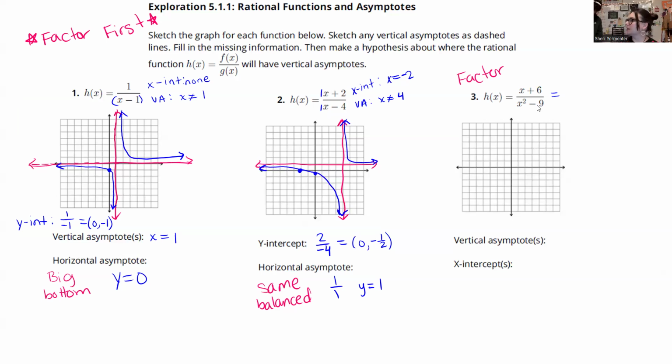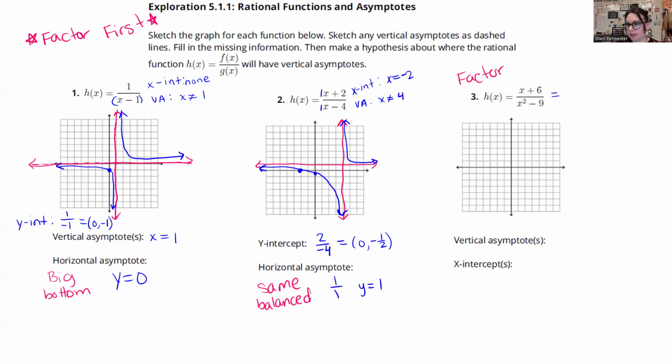And that's a pattern. Anytime you see something squared minus something squared. So if it was minus 25, then it would be x plus 5, x minus 5. If it was minus 49, then it would be x plus 7, x minus 7. Remember it now? Okay. You're welcome.